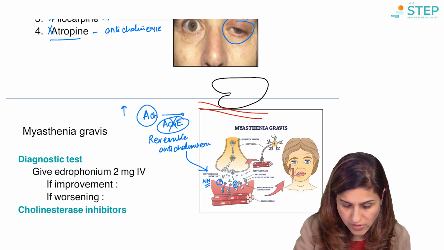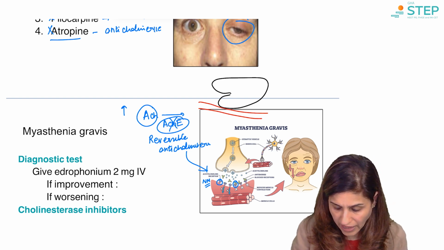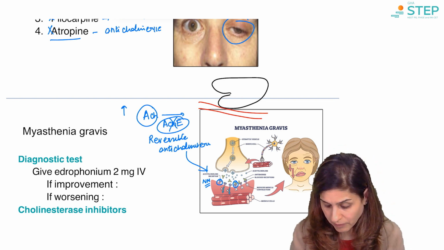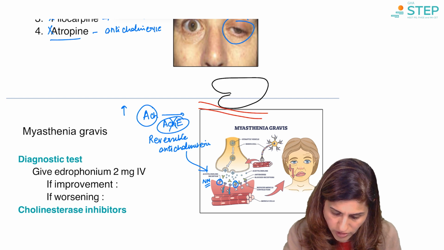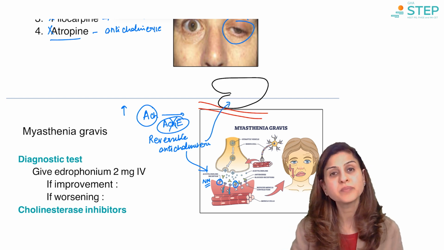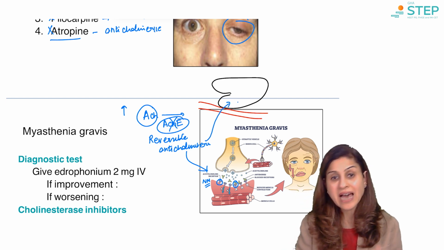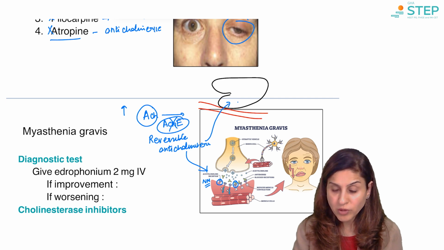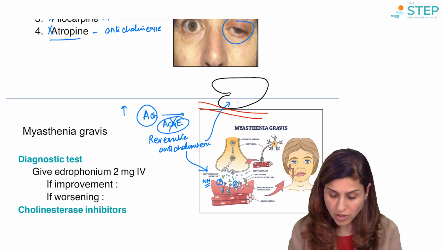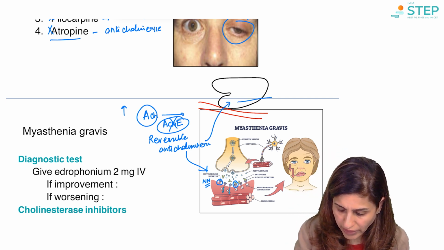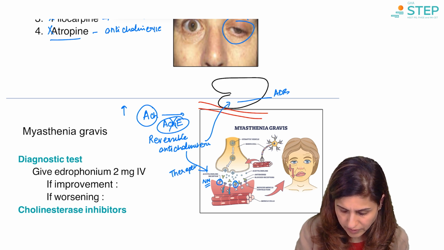What if this drug, apart from acting on the skeletal muscle junction, also crosses into the brain? Then it will produce unnecessary effects, because the effects are required only in the periphery. So here we get adverse effects. Here we get the desired therapeutic effect.